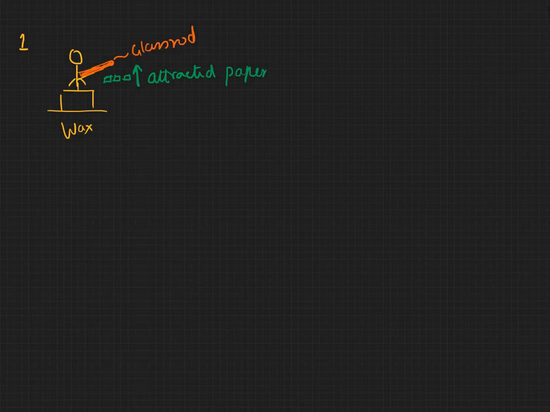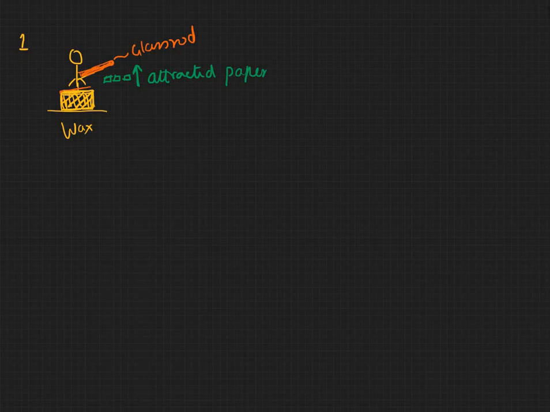To answer this question, he made a person stand in a famous experiment. He made the person stand on a wax base, and this wax, because it's a good insulator, doesn't let the electrostatic charges leak. And he made this person rub a glass rod.